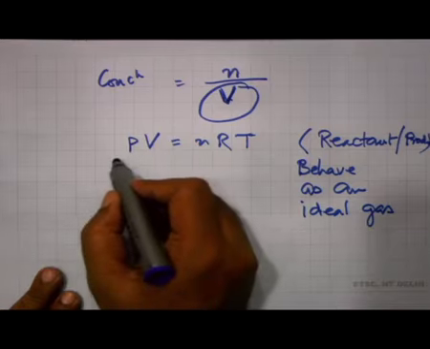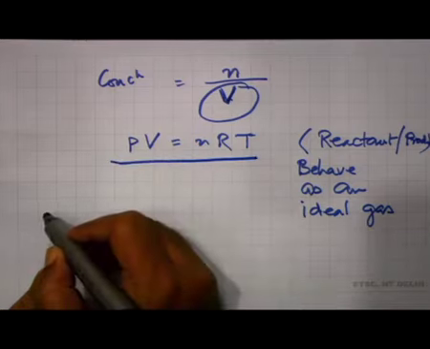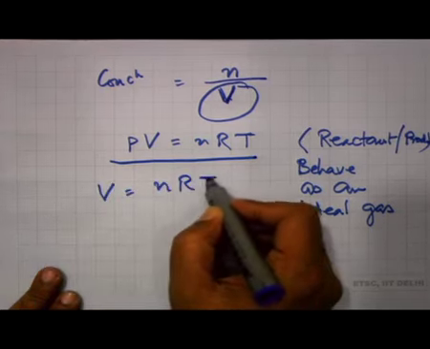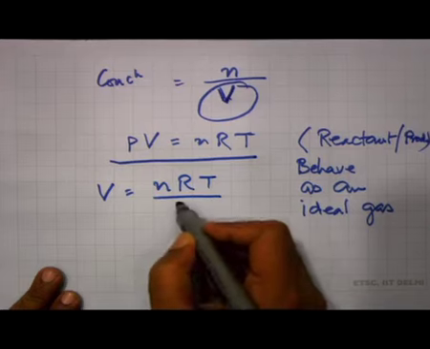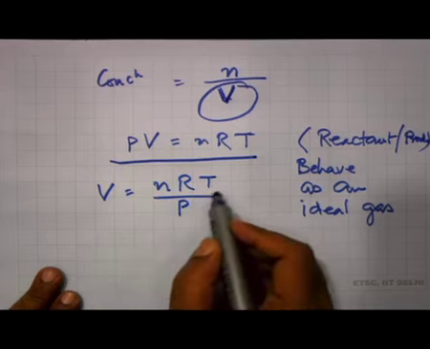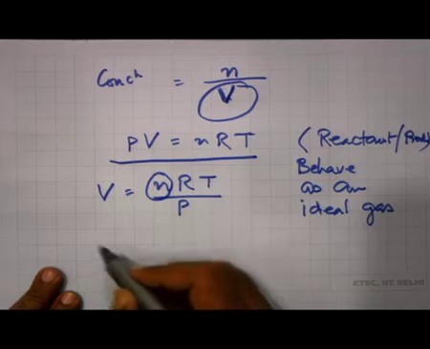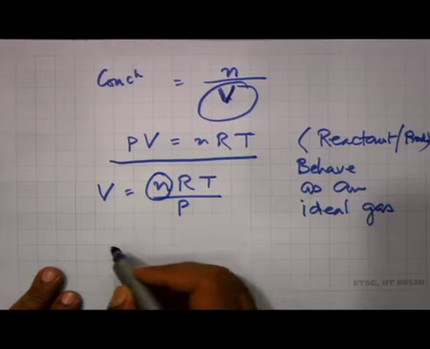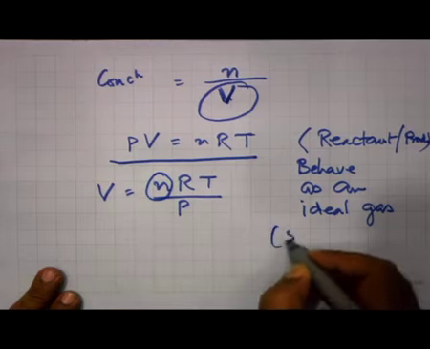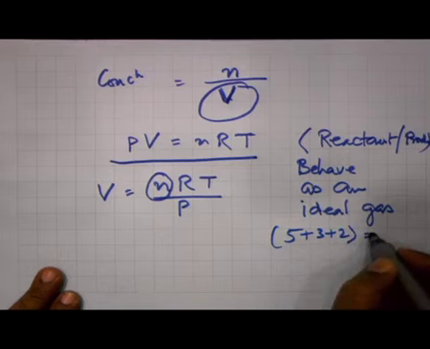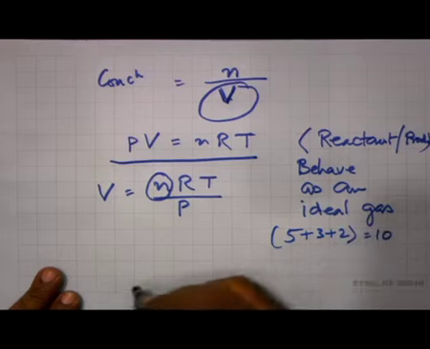So, in this case we can simply apply PV is equal to nRT and V is equal to nRT by P. We know n is the total number of moles of gases, which in this case is 5 plus 3 plus 2, which is 10.